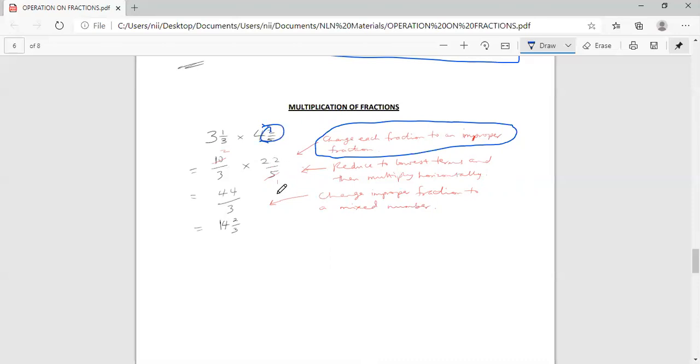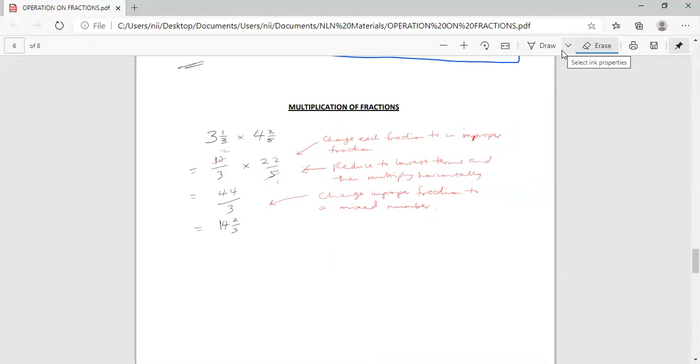So it's 22 over 5. So that's the first thing that you do. Once you've done that, then you can reduce to lowest terms. If you are comfortable, I like to reduce to lowest terms because it makes your life easier.